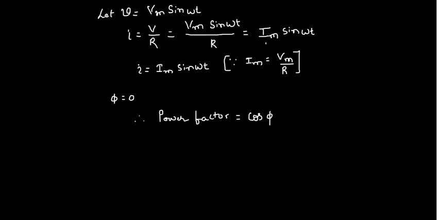Since there is no phase difference in the resistor, phi is 0, so power factor is cos 0, which is nothing but 1. If any AC quantity flows through a pure resistor, the power factor is always unity, so there is no difference between voltage and current.